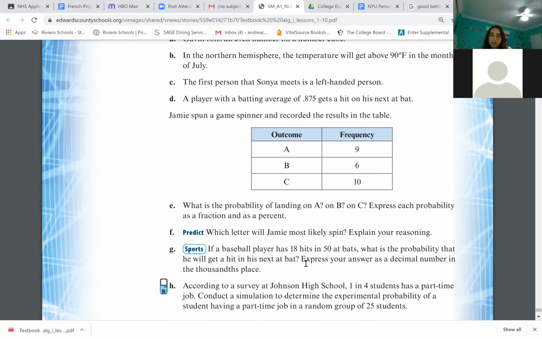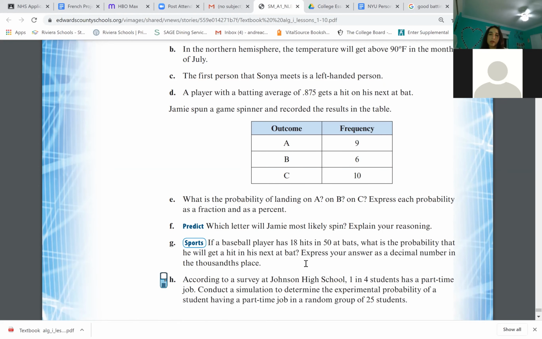What is the probability of landing on A, on B, on C? Express each probability as a fraction and as a percent. So for the probability of landing on A, what do you think the fraction would be if you had to express it as a fraction?